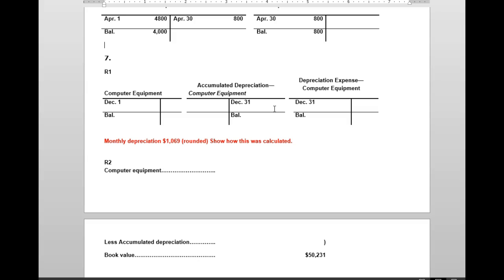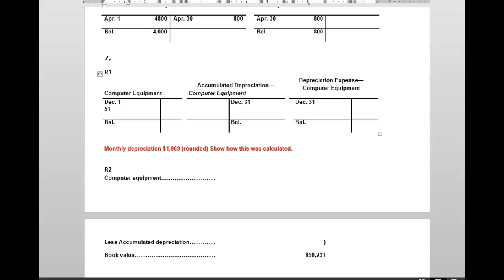That's kind of the overview. The requirements are to post the purchase on December 1st and the depreciation on December 31st. Well, okay, so I bought equipment, so I'm going to increase this, right? I'm going to debit. I'm on the left-hand side for $51,300. And that records my computer equipment.